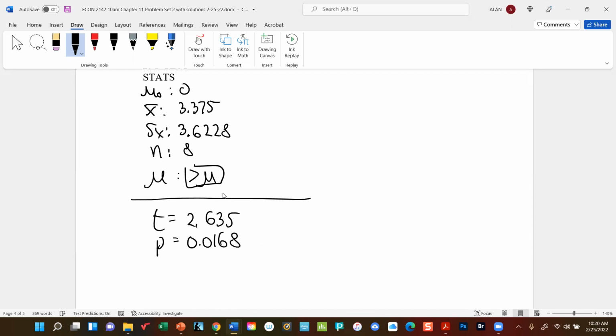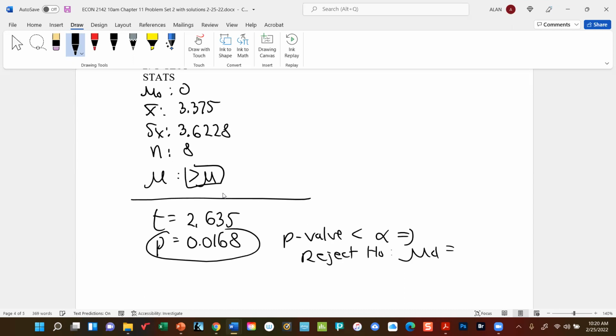It's also giving us back the X bar and the SX, which we already knew, but the important detail is this one. P-value is less than alpha, so therefore we reject the null. The mean difference is not 0. The alternative is what is accepted.